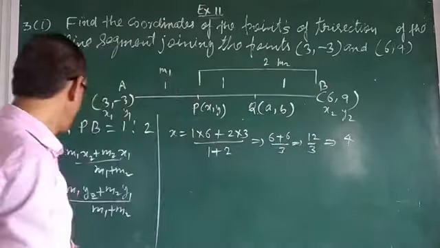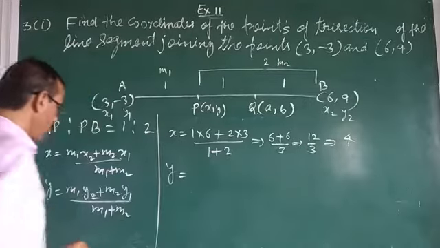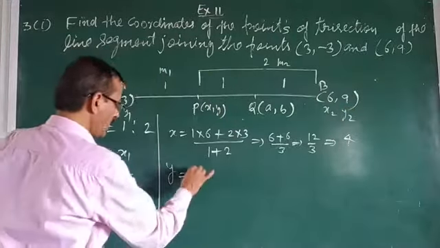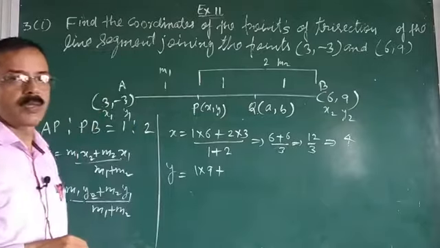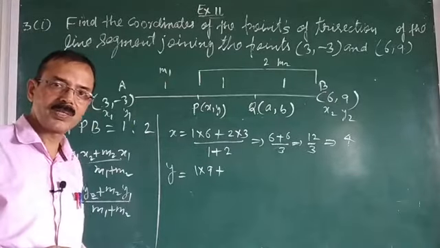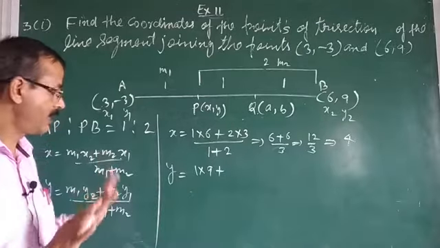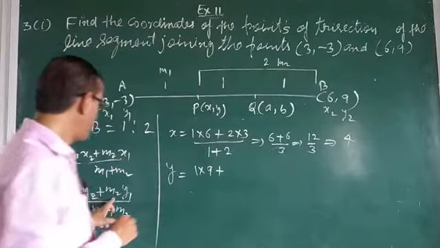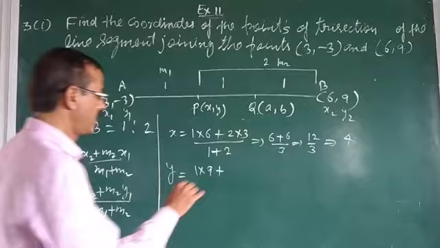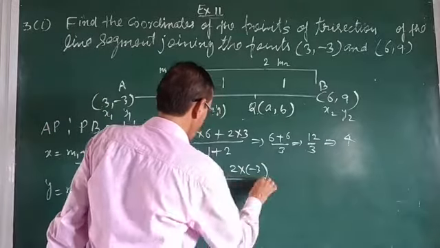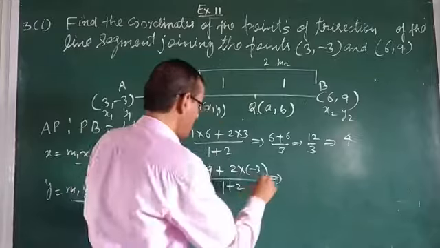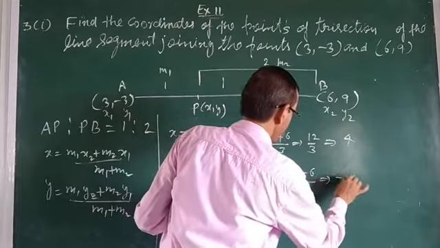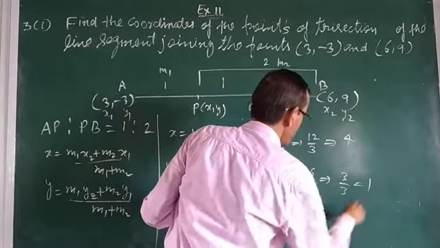x came 4. Now check y. y is equal to m1 y2 plus m2 y1. m1 is 1, y2 is 9, so 1 into 9 plus 2 into minus 3, upon 1 plus 2. Depending on practice, if you do some questions by yourself, the concept will be clear; it is very easy. 9 minus 6 upon 3, that is 3 upon 3, equal to 1.